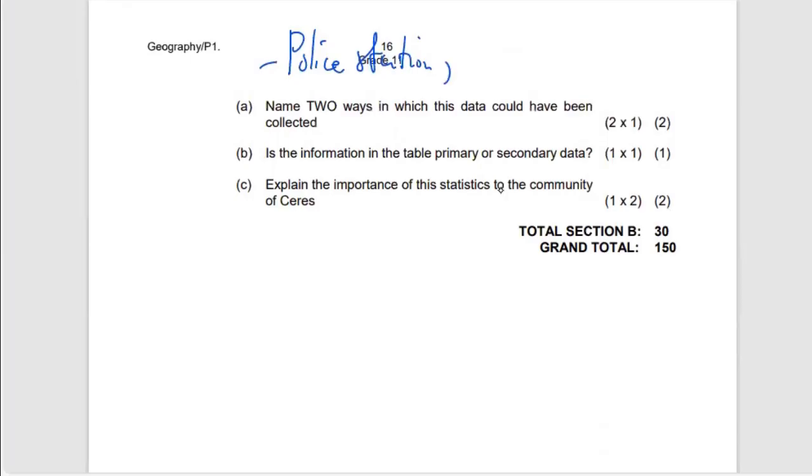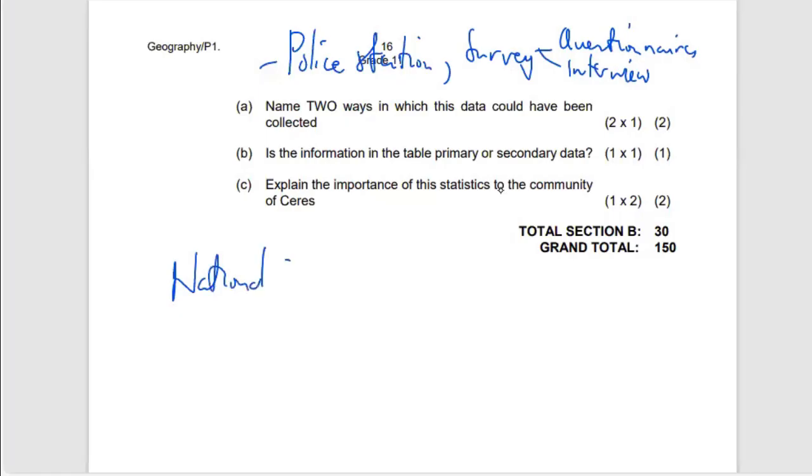And also, we can do surveys, either through use of questionnaires to find out if people have been exposed to criminal activities, or through interviews. We can use questionnaires and interviews to get the data, that is survey. Or we can also refer to national crime statistics.